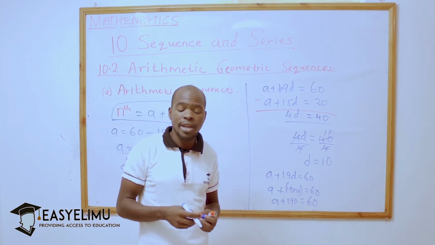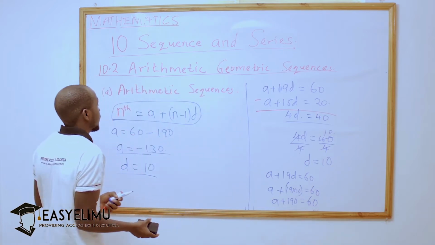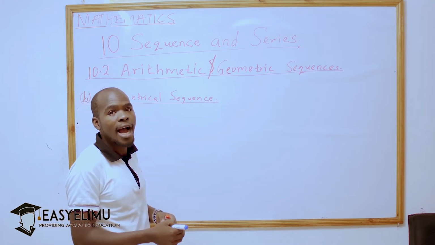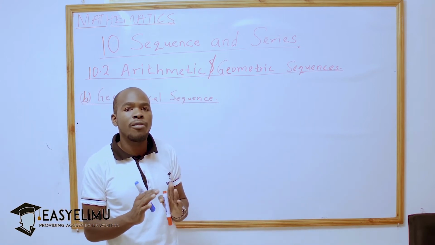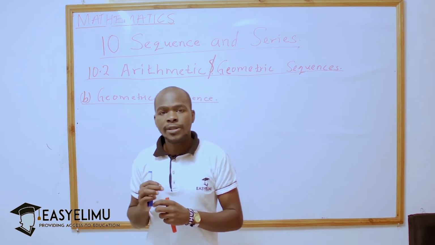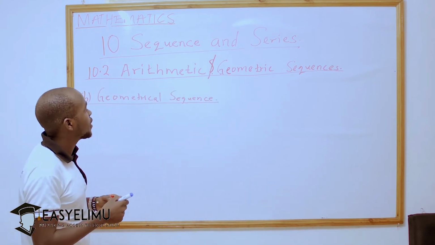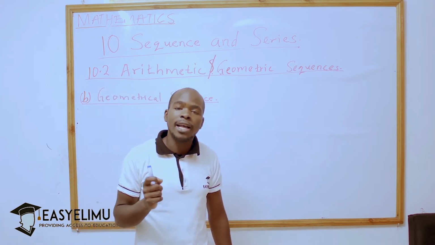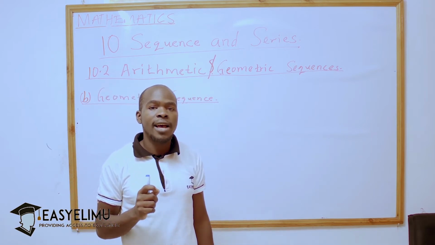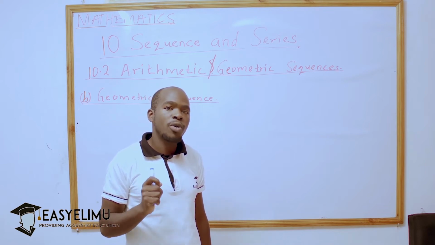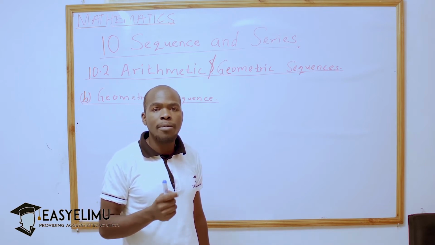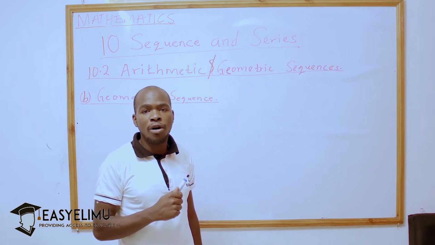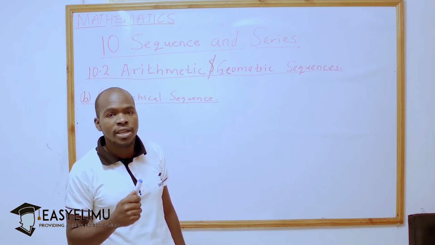Let's see how we can find a geometric sequence, and how a given pattern of numbers lies under geometric sequence. From what we have observed from arithmetic sequence, we have seen how we can identify a sequence as arithmetic, and we have also formulated a general formula which can be used to find the next term in an arithmetic sequence.